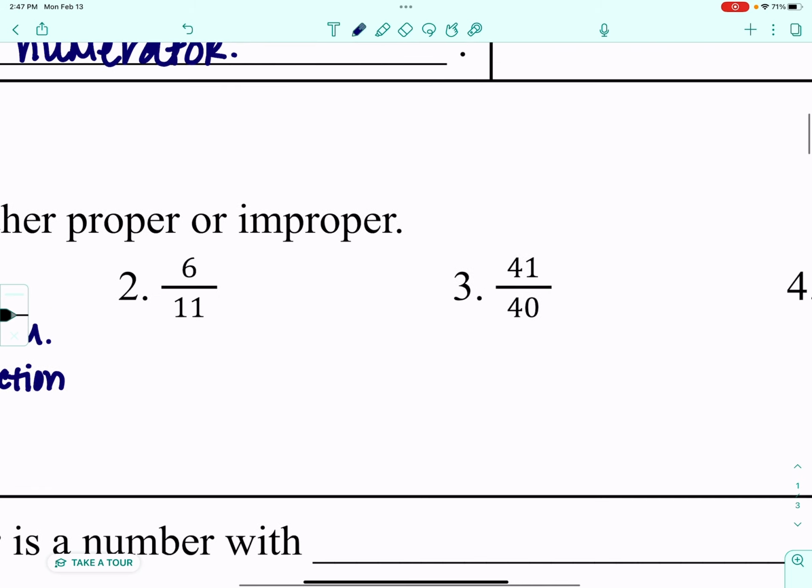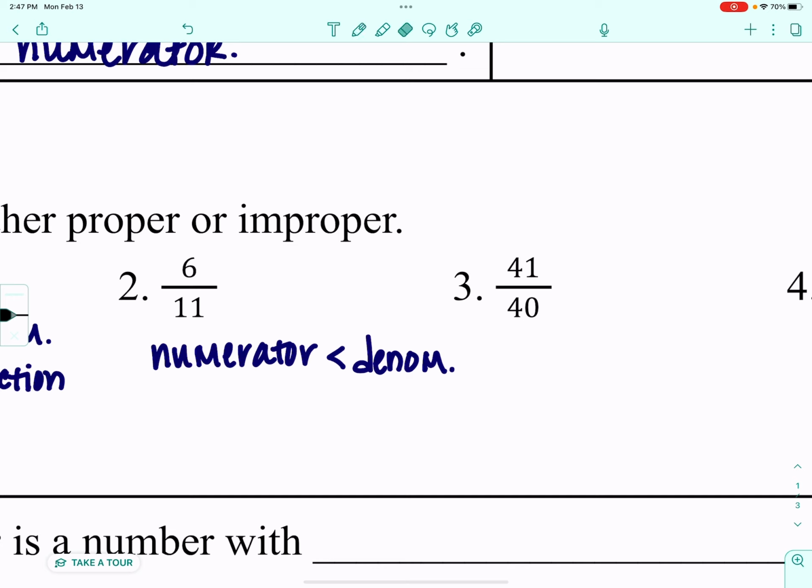So I'm going to go look at number 2. 6, the numerator, is definitely smaller than 11. So my numerator is smaller than the denominator. That means this is a proper fraction.